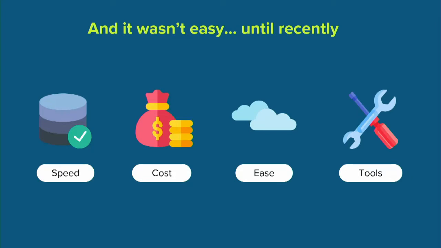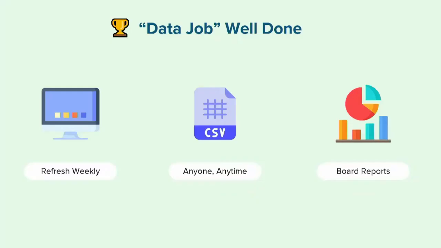The tooling has only seen great improvements in the last 7 to 8 years with cloud data warehouses and BI solutions. And for everyone in this room, a data job well done is considered having reports that are refreshed weekly or daily, having CSVs that anyone can pull out anywhere, anytime, and being able to use data and analytics to serve important business decisions and functions like board meetings.